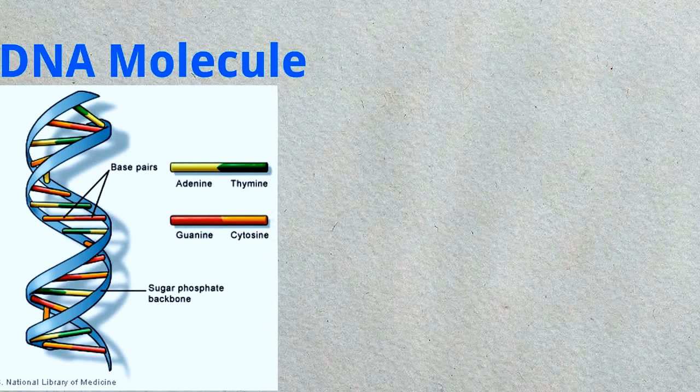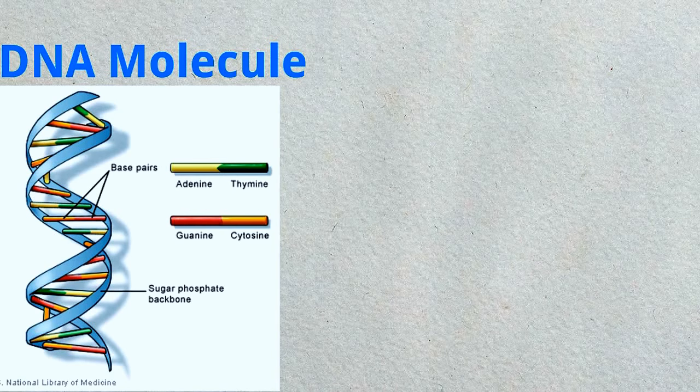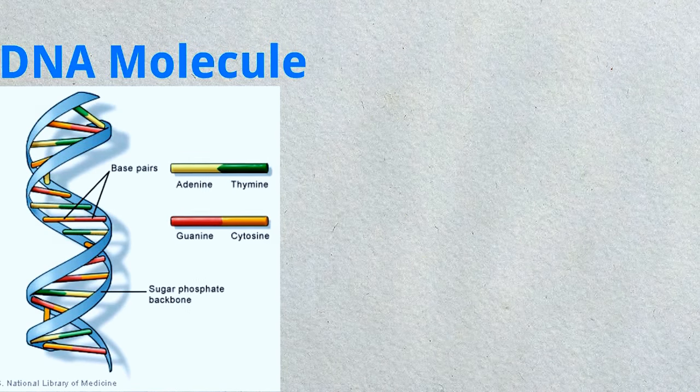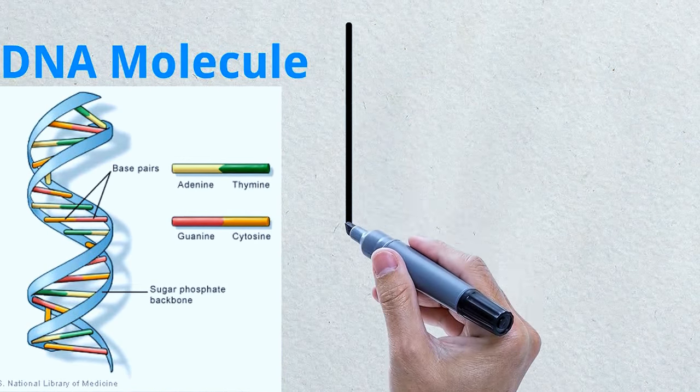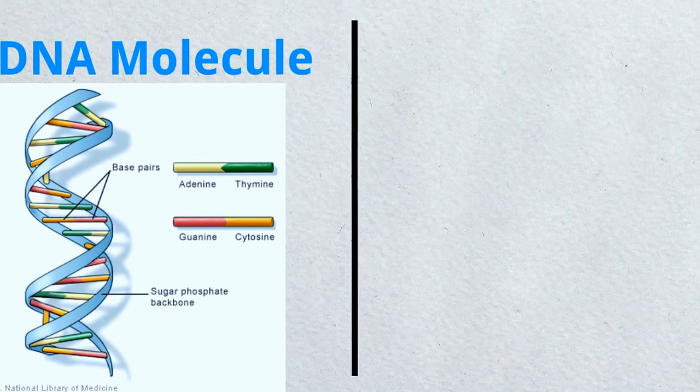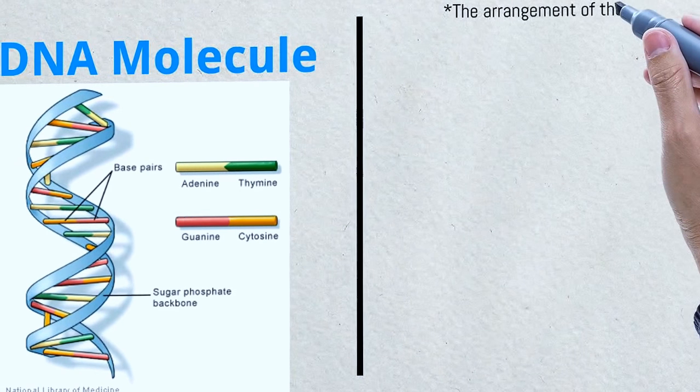If we compare to another sister molecule called RNA, the thymine in the RNA is replaced by uracil, and then the rest of the structure is as stated.